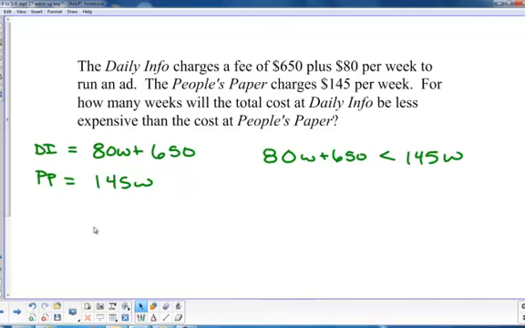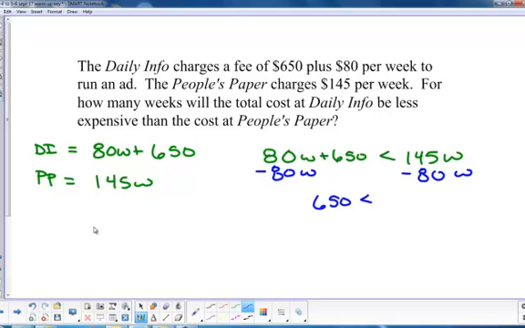All right. I'm going to move all my numbers to the right and my letters to the left. That's going to make it negative, so let's move the 80 to the right. You can totally do what I just said, just switching it up here, although I don't like this method. Stay with me.